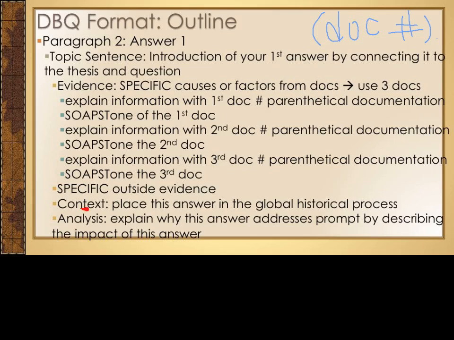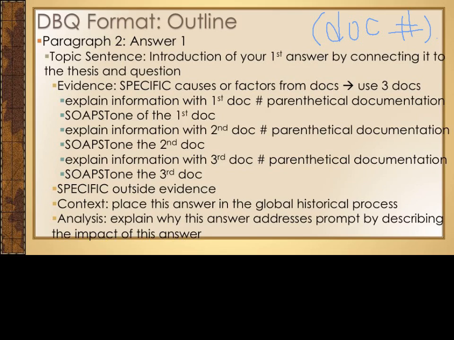All right, context. Not only do you have to have context at the beginning of your essay to put this whole issue that's been presented to you in order for you to write an essay, you have to put this whole issue into the historical process. How did we get to this point?